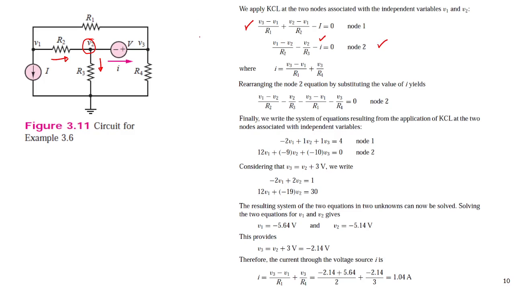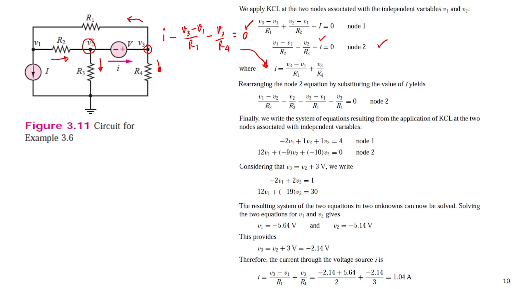Or we can substitute I by KCL at this node, right? Minus the current flowing here and the current flowing here: V3 minus V1 divided by R1 minus V3 divided by R4 equal to 0, right? Then we get this equation.